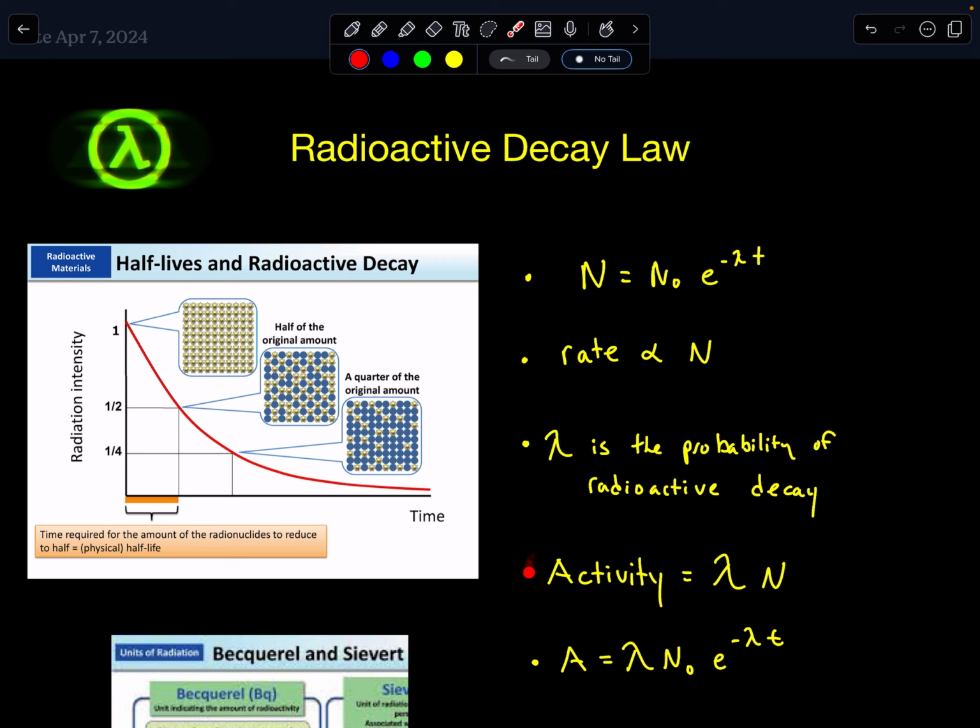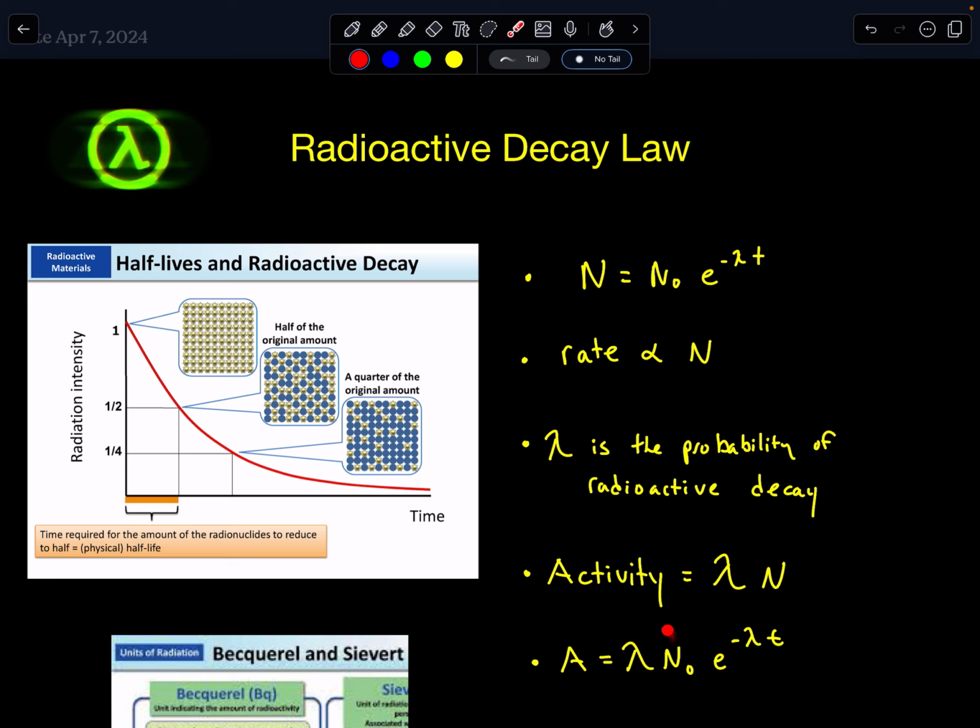And the activity, the radioactivity of the sample, is the product of the proportionality constant, or that probability, times the total number of atoms there. So as the total number of atoms decays, the radioactivity goes down proportionally. This entire formula can be converted into radioactivity by multiplying lambda, the decay constant, times the number of atoms present.